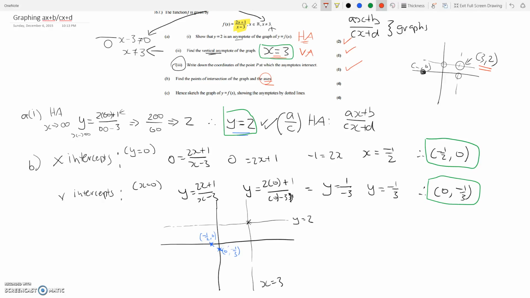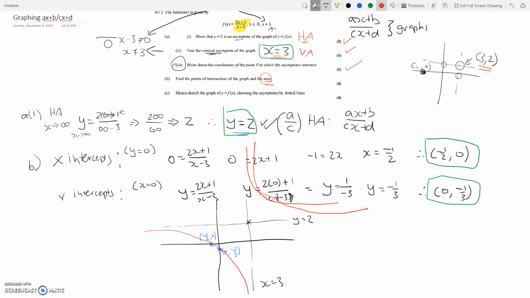So hopefully, if you line it up nicely, that would be your graph. Oh no, that's terribly drawn. Something like that. And more like that.